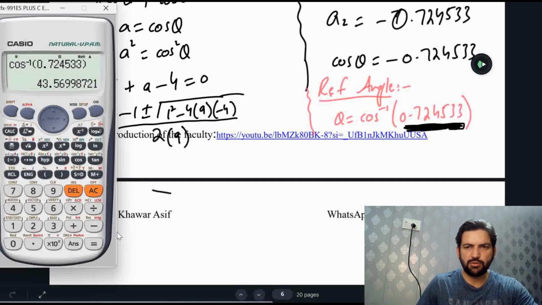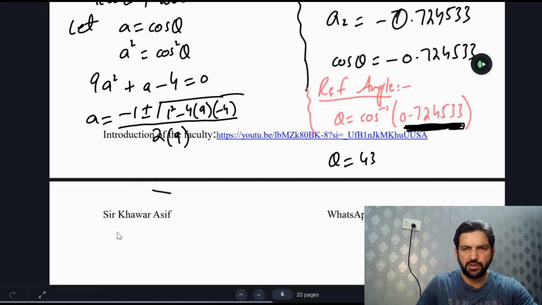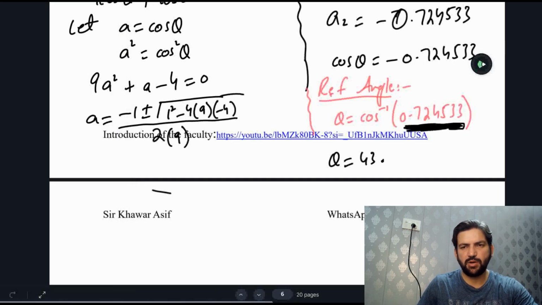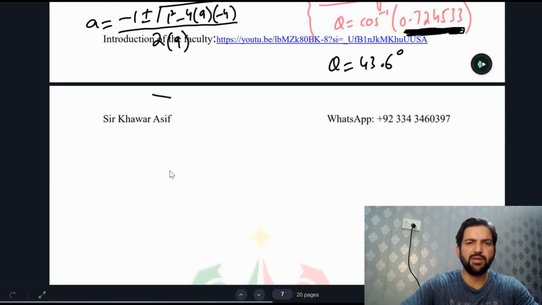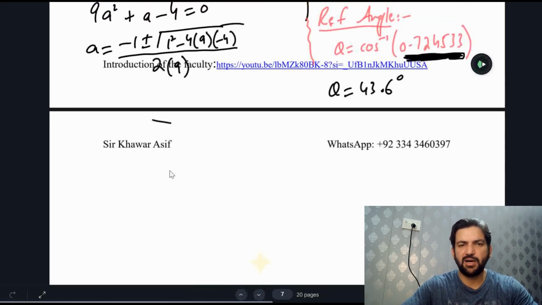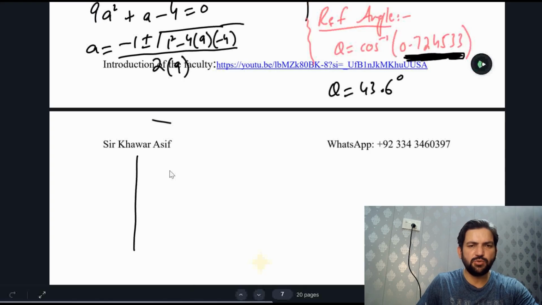So the reference angle theta is 43.569, which means 43.6, because we have to correct it to one decimal place. Now we can see that we have to apply the CAST again.